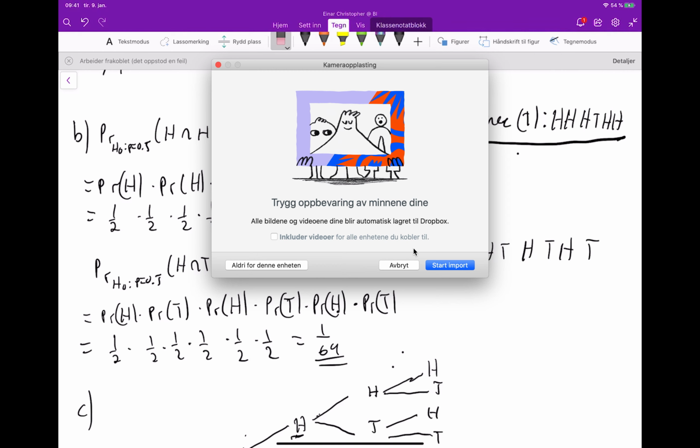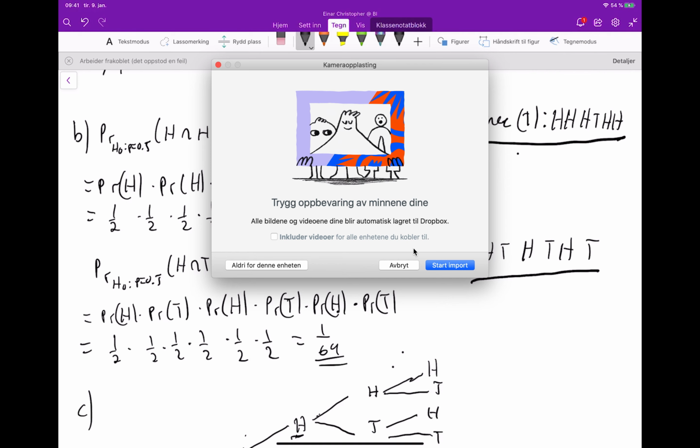So then we are asked to find the probability of another sequence, namely head first, then tail, then head, then tail, then head, then tail.